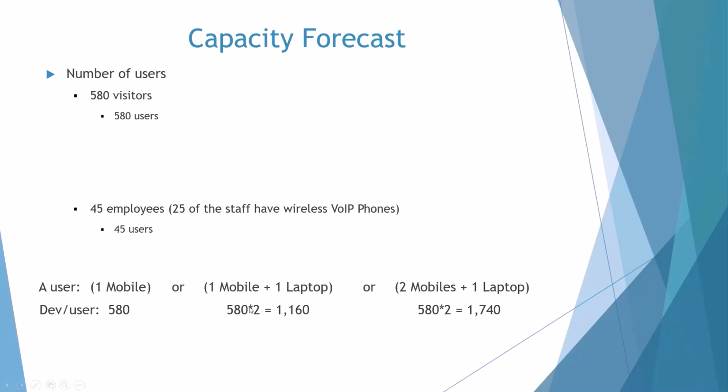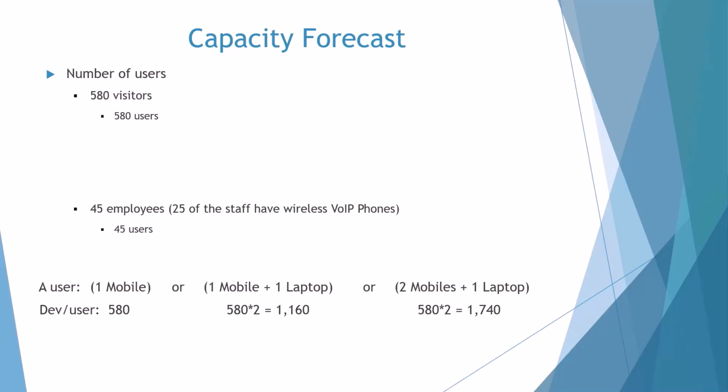If we select the second option, then we will end up having 1,160 mobile devices inside the concert hall only, while we will have around 90 mobile devices inside the offices, and so on. So math is easy. You can always do it.